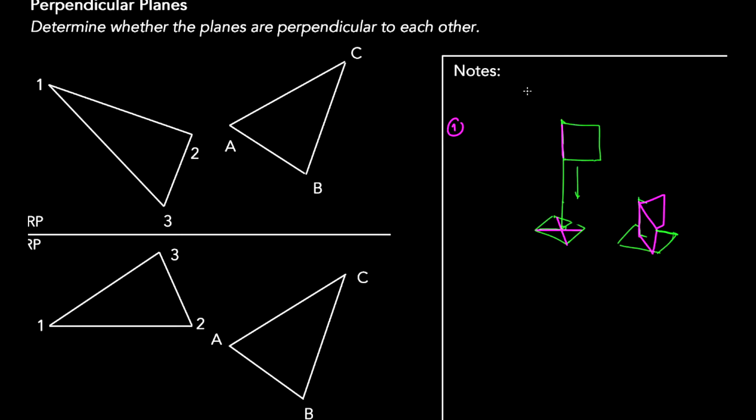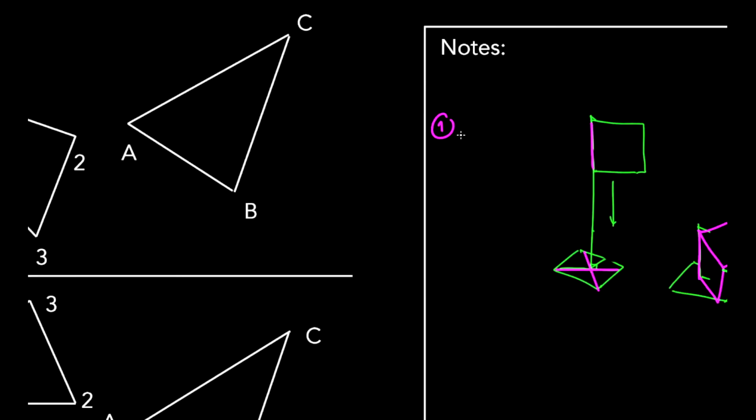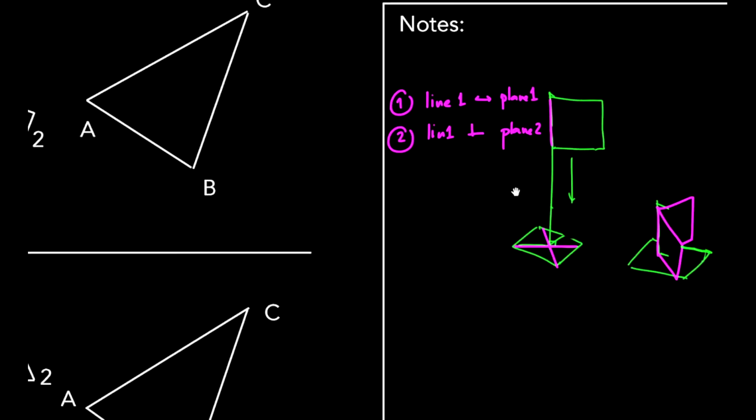Let's assign them numbers: plane 1 and plane 2. We need to find a line, line 1, that must be contained in plane 1. That's the first step. Then the second step is to prove that line 1 is perpendicular to plane 2, right?